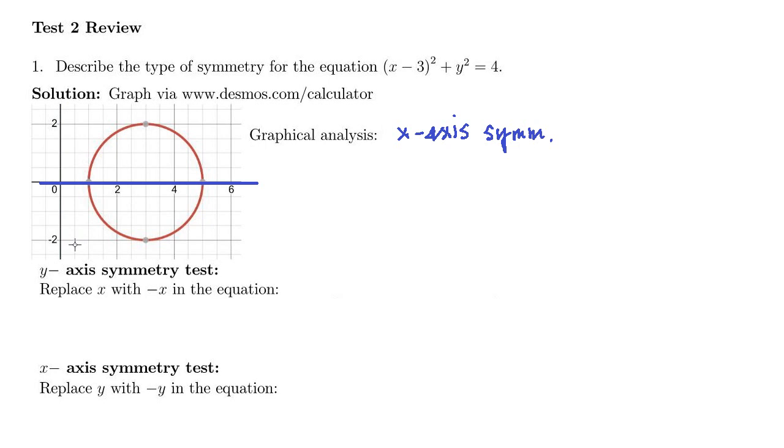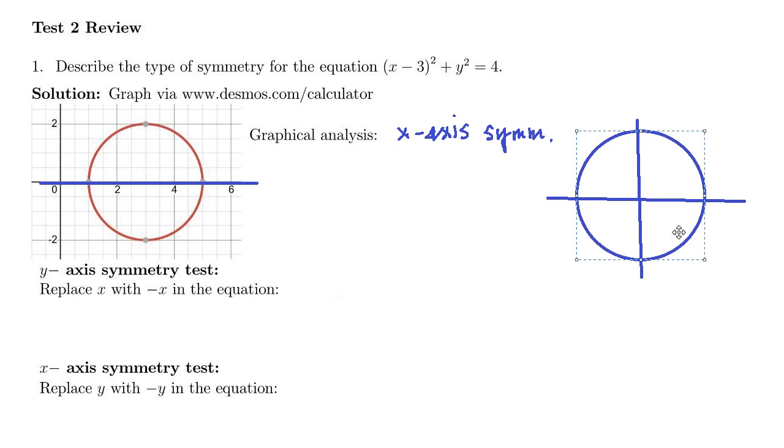And then also we want to check for origin symmetry. So lines that go through the origin, we want to see if they hit the graph in points that are the same distance on each side of the origin. And they don't here. We have points up here, but we don't have corresponding points down there. As opposed to if we had a circle that was, say, centered at the origin, like so, then we would have origin symmetry.